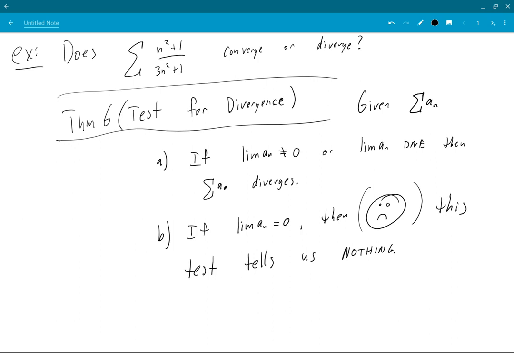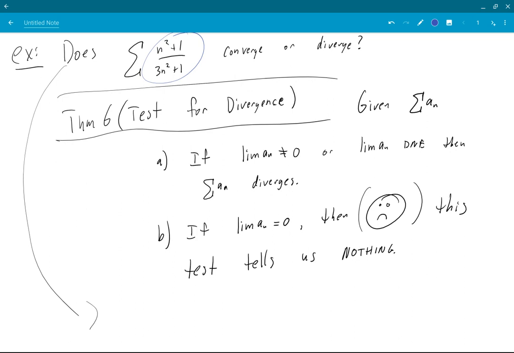Okay, so back to my example. Let's go blue here. Okay, so in this case, we're going to extract the sequence. Now, it's going to be very important that you have clear in your mind what is a sequence and what is a series.